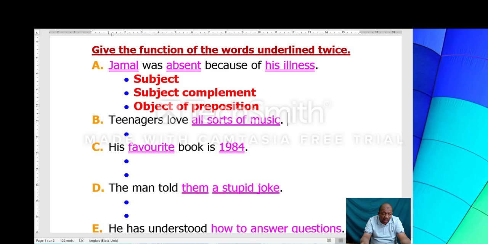Something else that I should add is that the sentence is incomplete without direct object. Teenagers love. You need what? Therefore, all sorts of music is direct object.